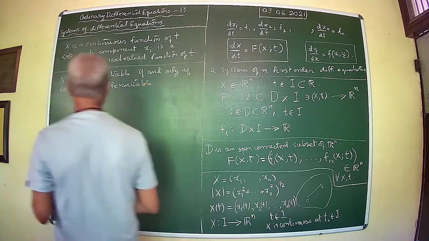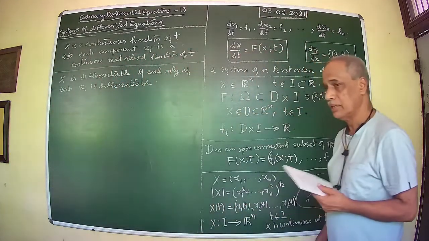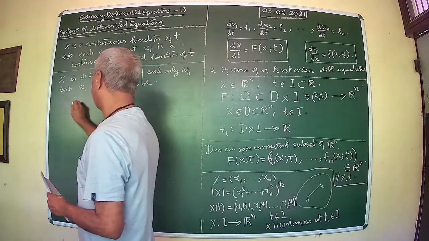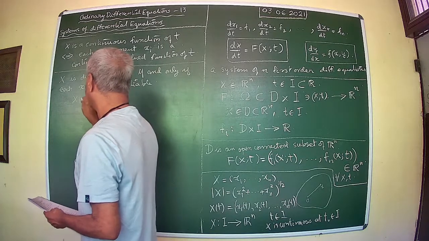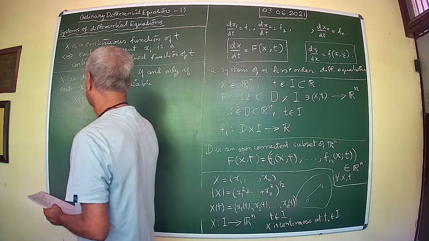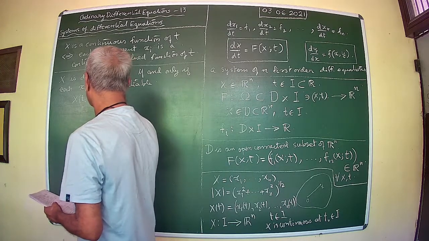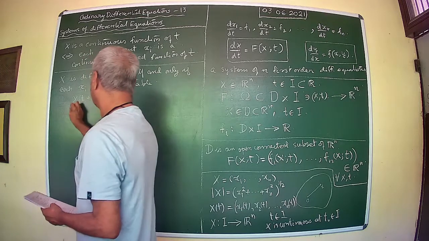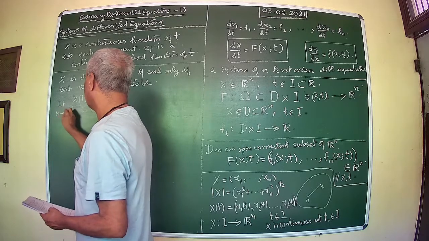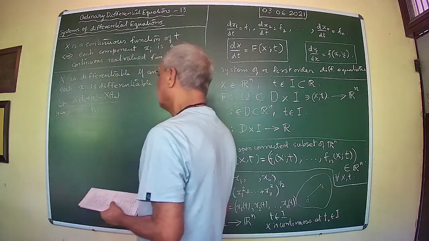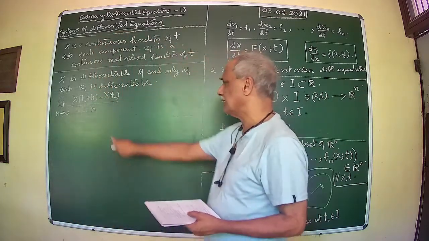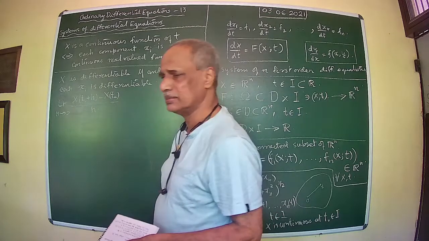Now you can actually work out the derivative. Okay, it's quite easy, because there is no complication about this. It is the limit of x(t naught plus h) minus x(t naught), divided by h. Now this is in the sense of norm, etc. So I mean there is no complication because h is a real number, so division is no problem.